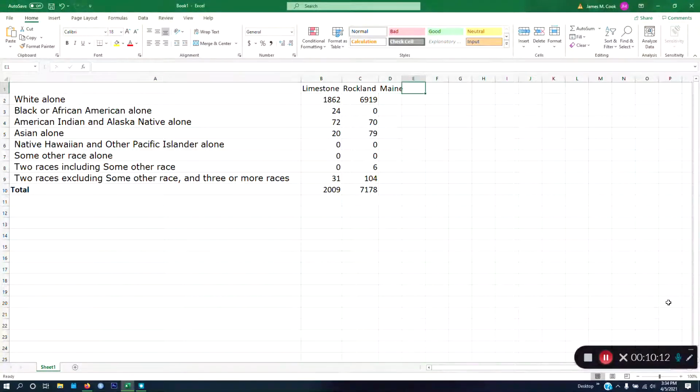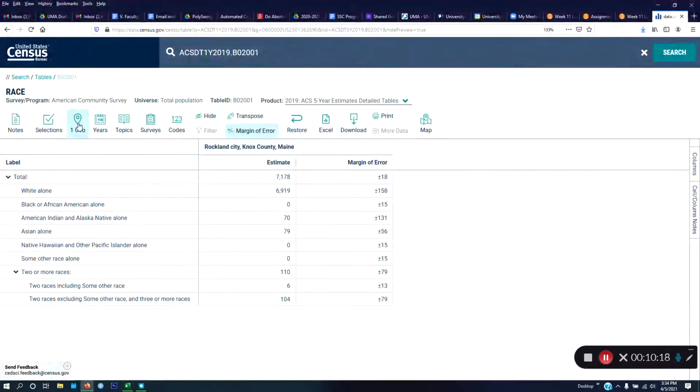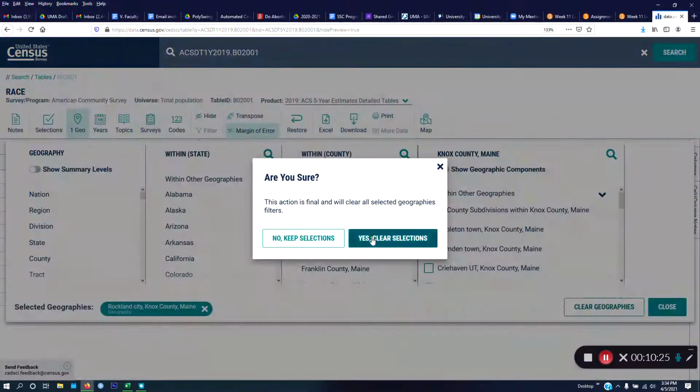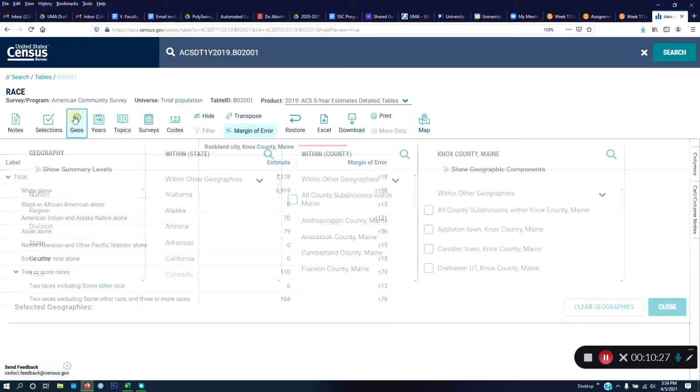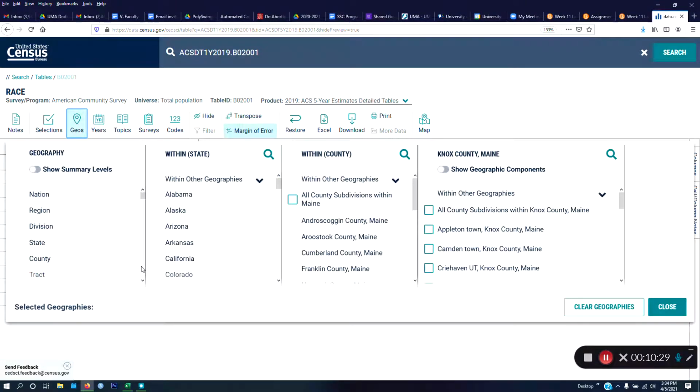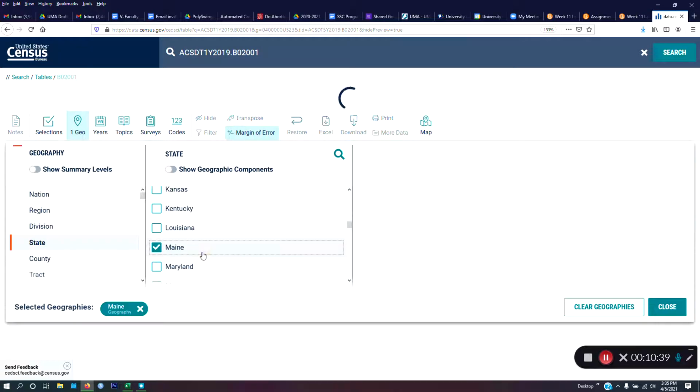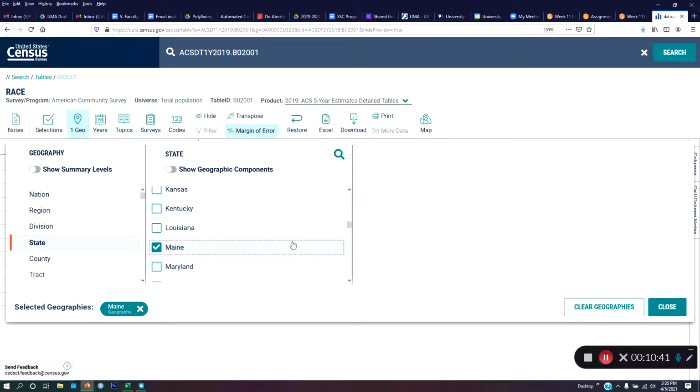For your work, I'm also going to ask you to look at the state of Maine in those 5-year summaries. So we'll clear geographies. And then let's take a look at a particular state. So I selected state, and then let's take a look here at the state of Maine.